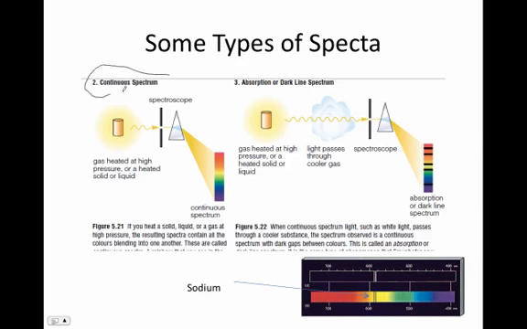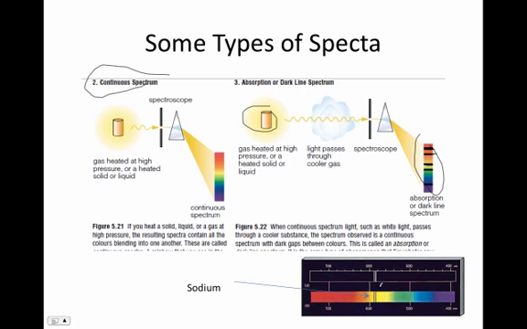Besides the continuous spectrum, which is the colors of the rainbow, there are absorption or dark line spectrums. And so here's how this works. A heated gas is allowed to pass through cooler gas and then through a prism, and dark lines, black lines here, which absorb, give us the identity of what happened there.